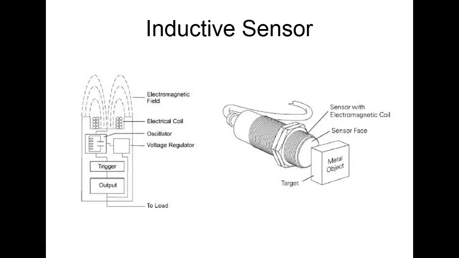Then we have a transistor that converts it from AC to DC, and we decide whether that DC is going to be analog or digital.